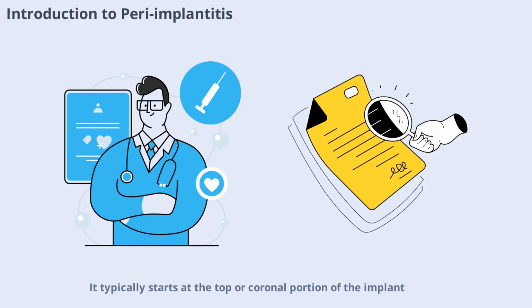It typically starts at the top, or coronal portion, of the implant, while the lower, or apical part, remains firmly attached to the bone. Importantly, the implant usually stays stable until the disease has advanced significantly. Understanding peri-implantitis is crucial for both dental professionals and patients with implants, as early detection and management can make a big difference in outcomes.